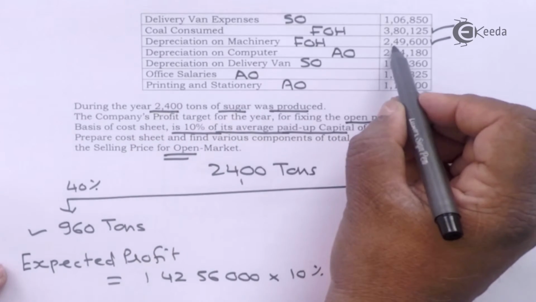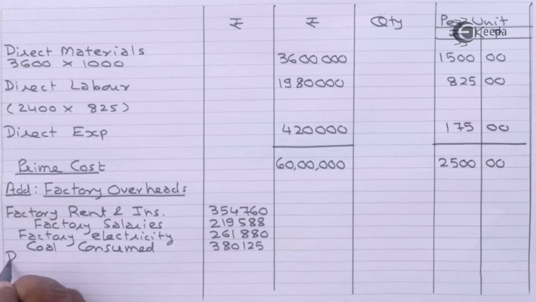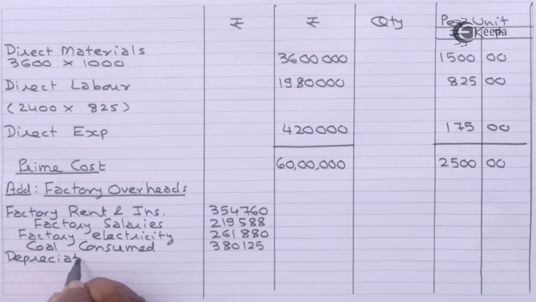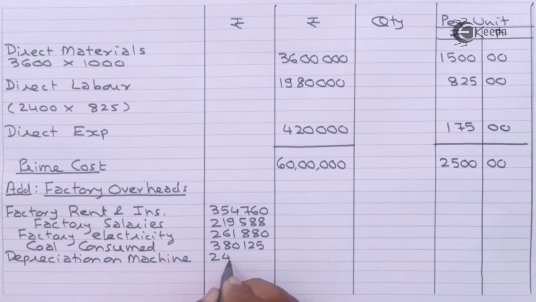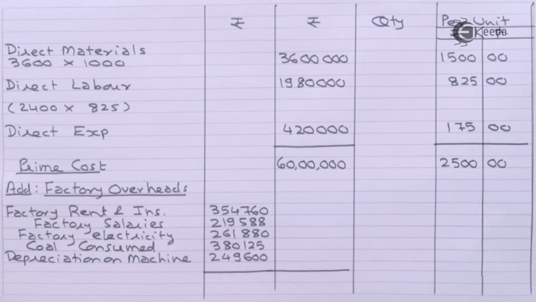Depreciation on machinery 2,49,600. We can add all factory overheads.